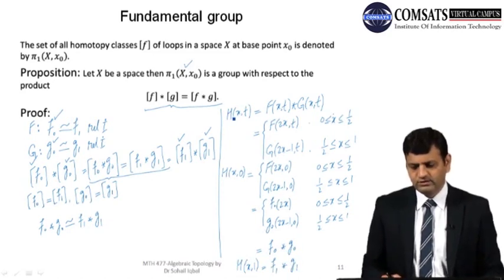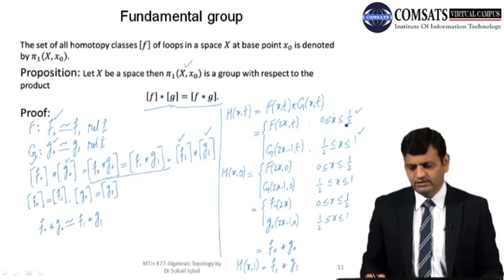Also, this homotopy H is continuous, because F is continuous and G is continuous, and let's see if they agree on their intersection. What is the intersection? When x is equal to 1 by 2.